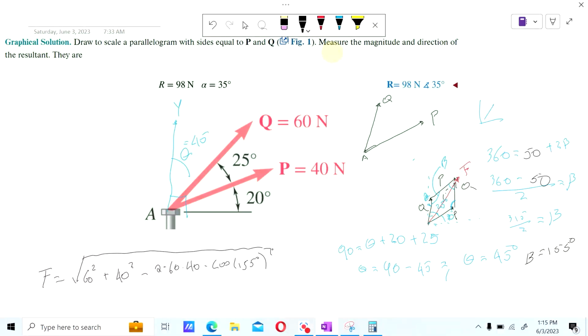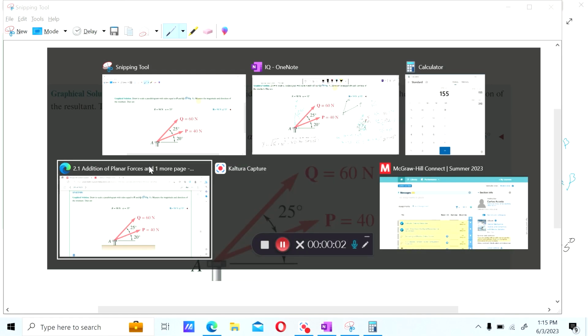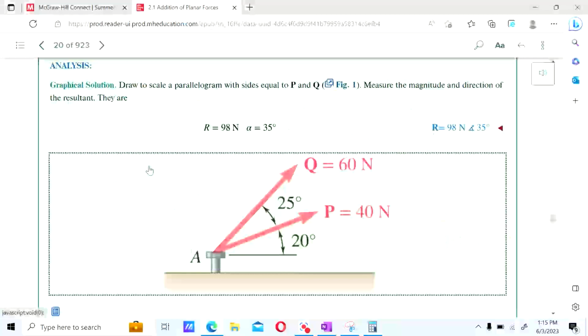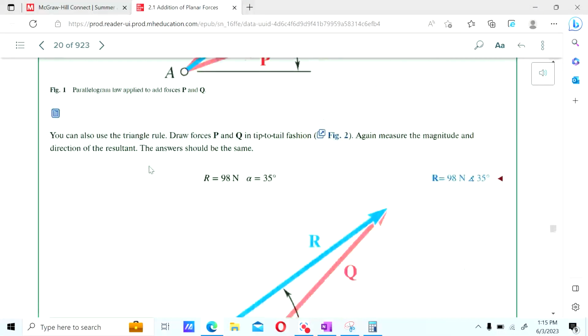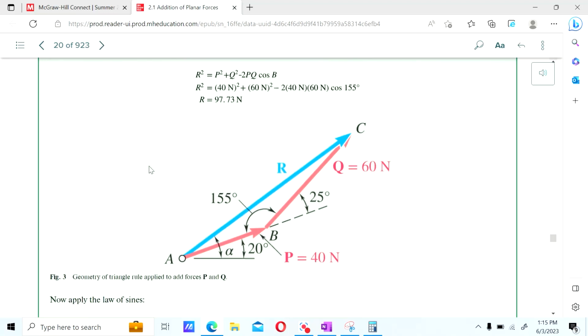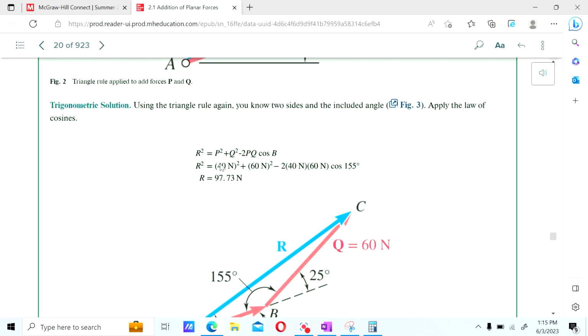All right, let's just double check that I have the formula correct. Okay, 155. Okay, so 40 squared, 50. Yes. Okay, so R squared. So basically, this is the square root of all of that.